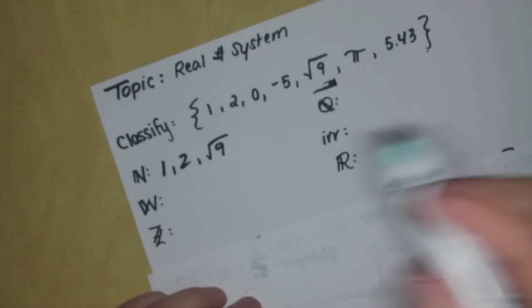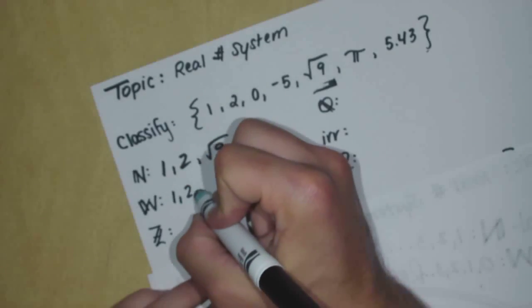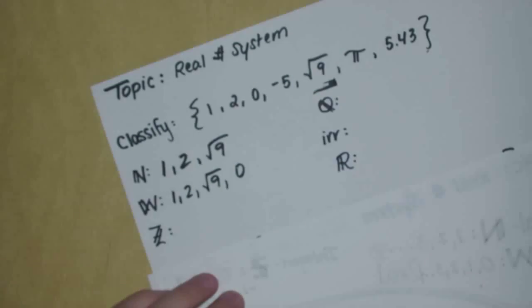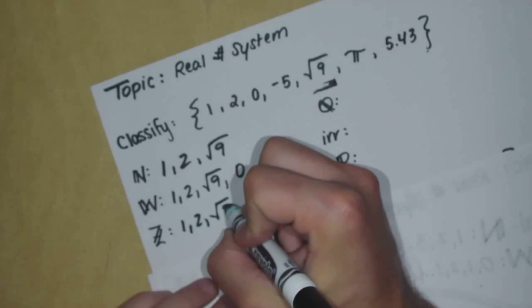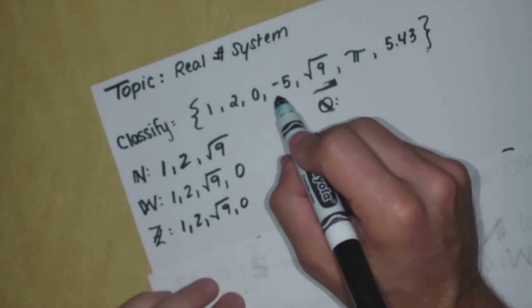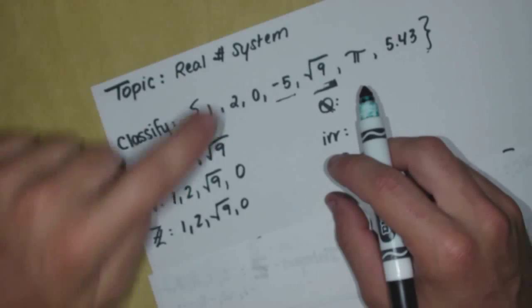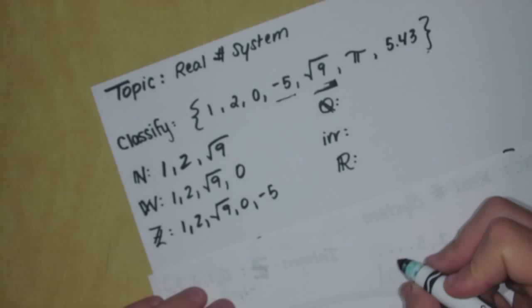Then when I go to the whole numbers would be all of those natural numbers, and if I happen to have 0, which I do, 0 is a whole number. Integers would be all of the whole numbers and any negative whole number. So like -5, without that negative sign it would be a +5. 5 would be a whole number, so -5 is an integer.